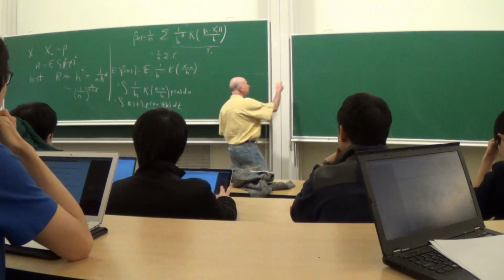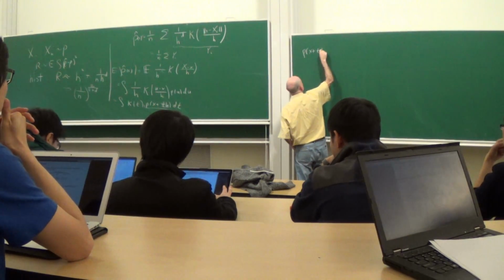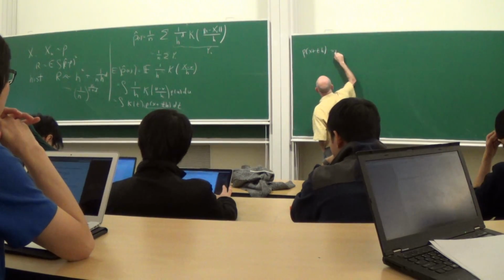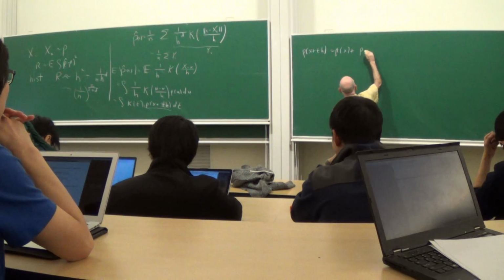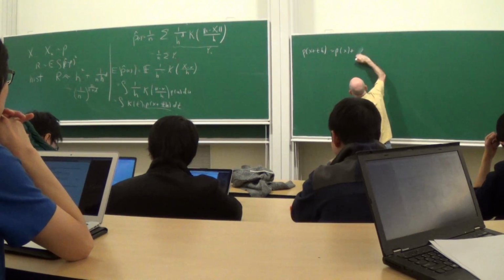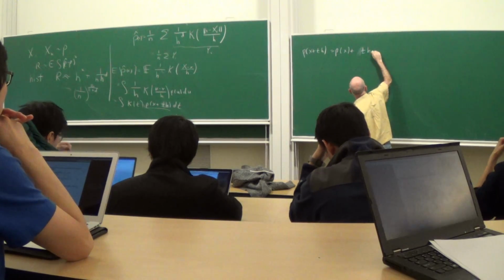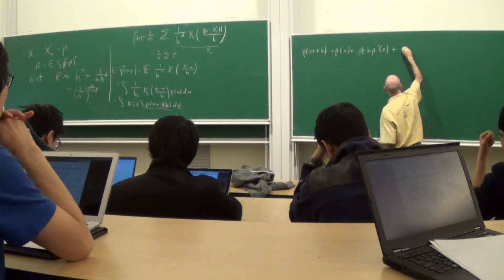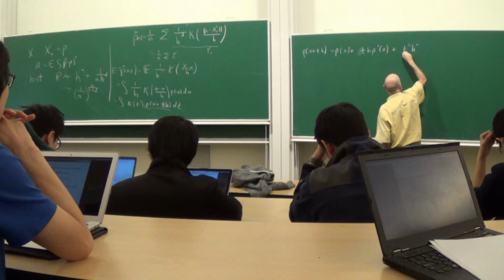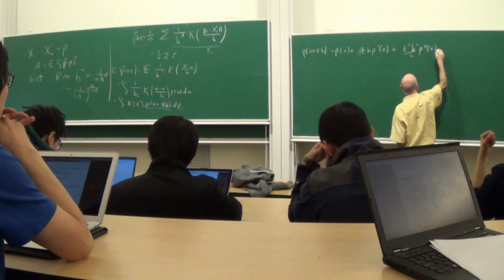So what we want to do is write p of x plus t h as p of x plus t h p prime of x plus t squared h squared over 2 p double prime of x and so on.